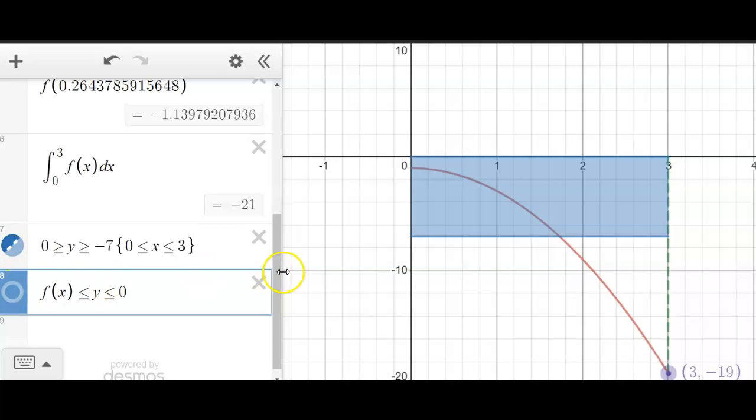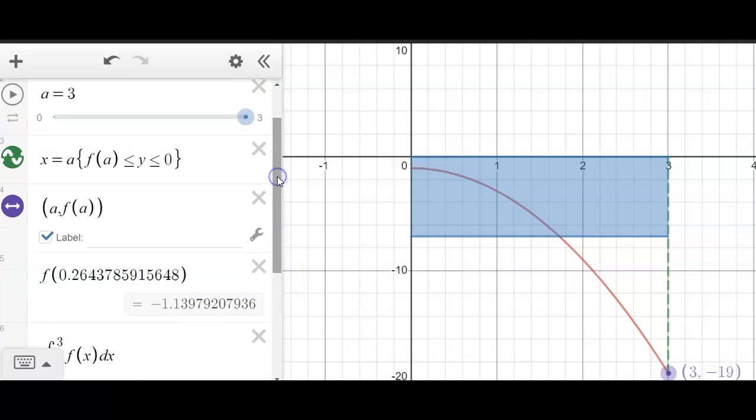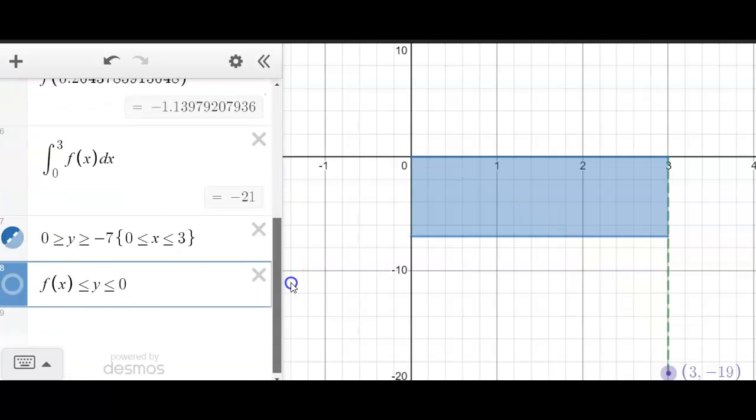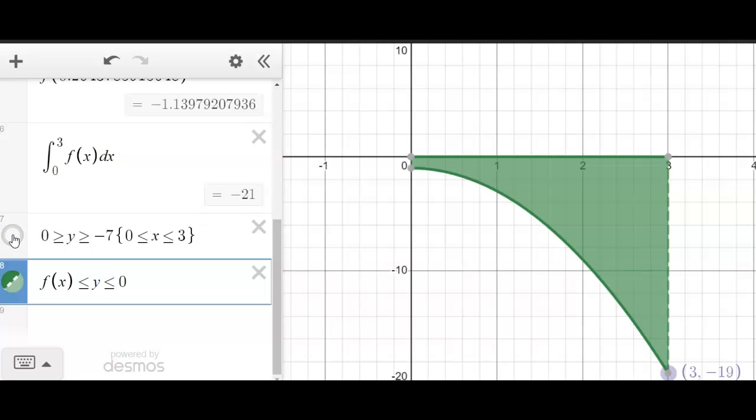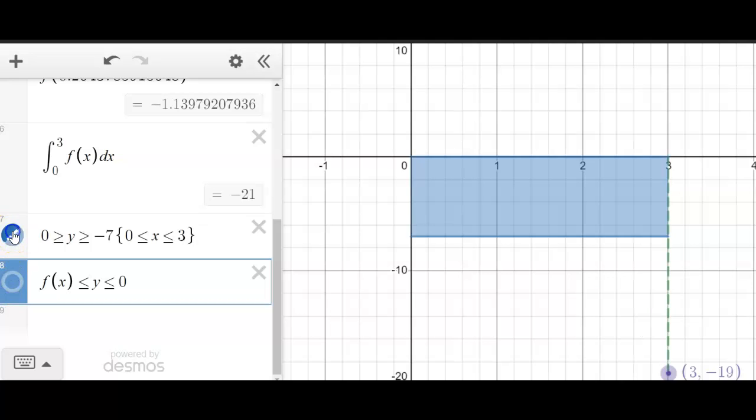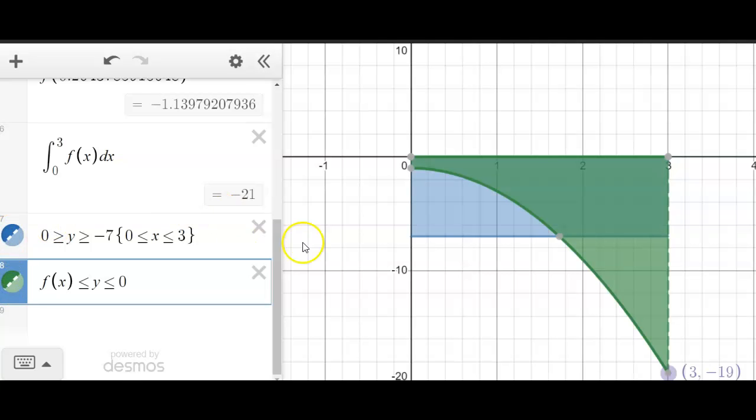So what we're saying is, let me turn off the red graph. If I go from 0 to 3, the average value of a function is the idea of this is the area between the x-axis and the curve on an interval. The average value is a rectangle that could be made that would have the exact same area over that same interval. So the green and the rectangle have the same area.